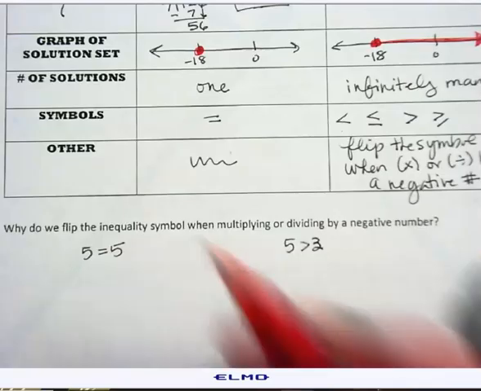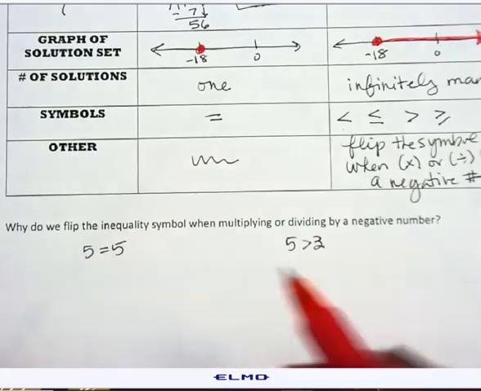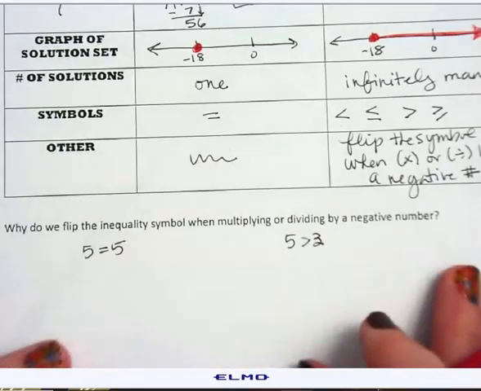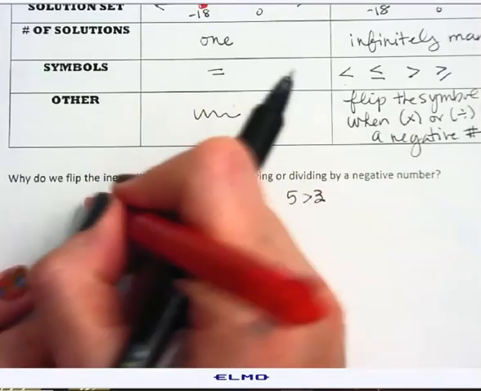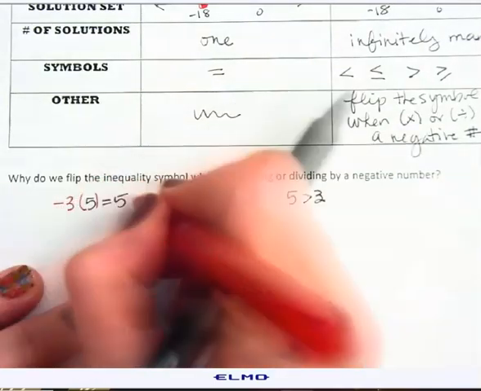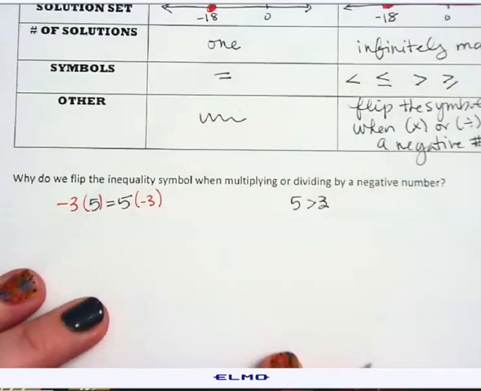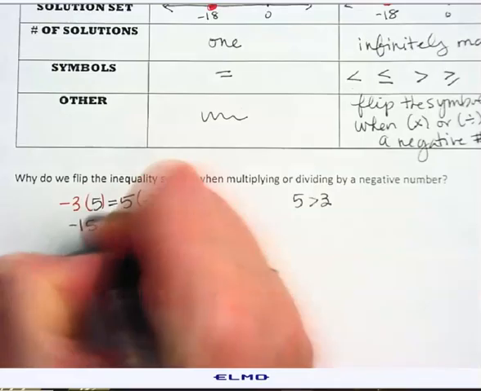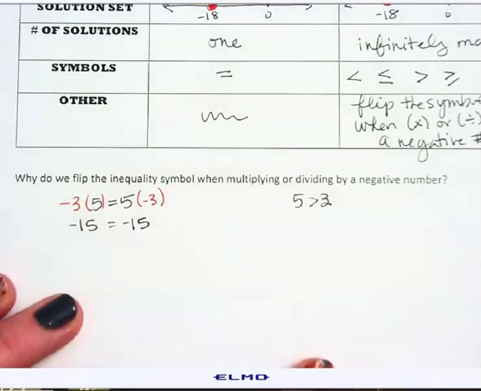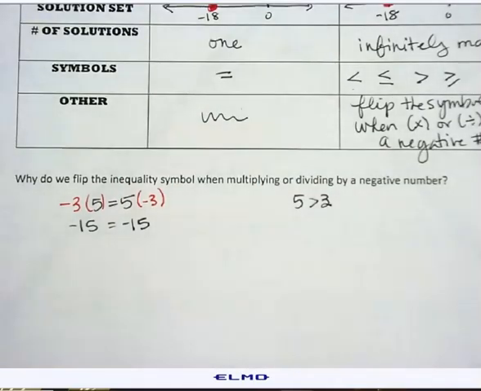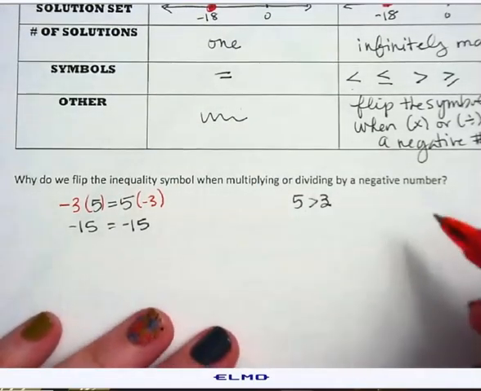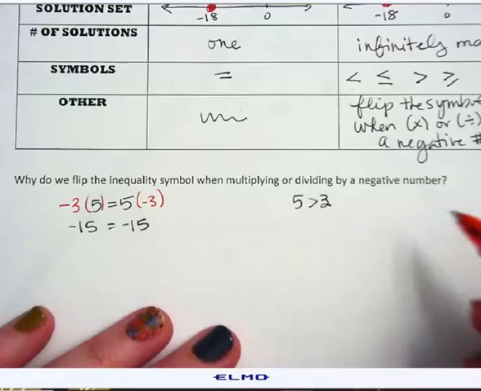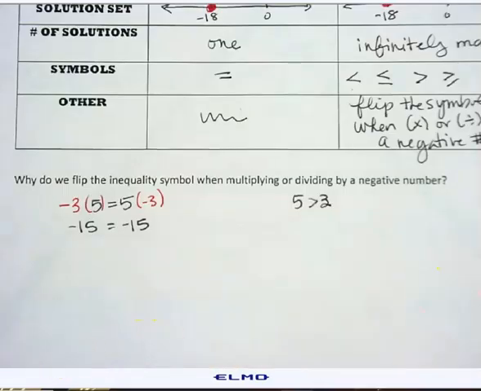On an equation, if we do the same thing to both sides, then our answer is still going to be a true equation. So I multiply both sides by -3, for example, and I will have -15 equals -15, which is still true.